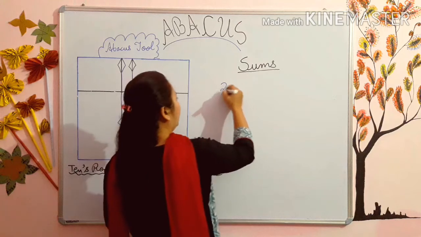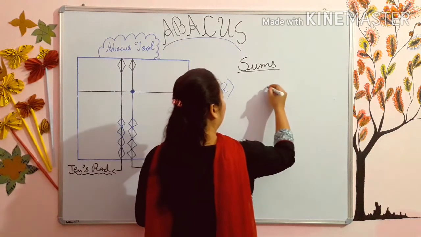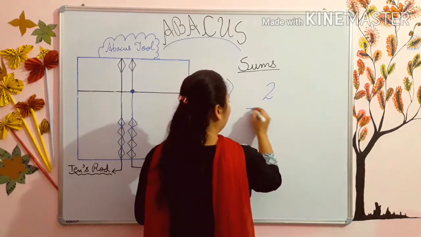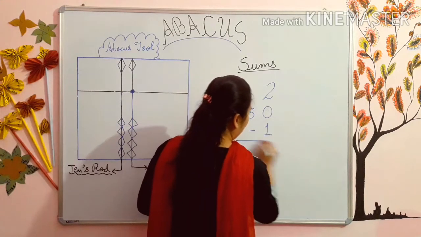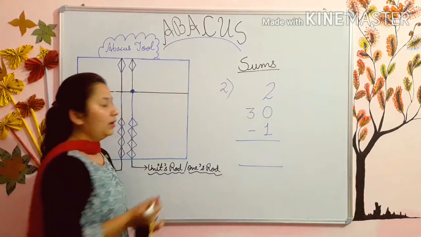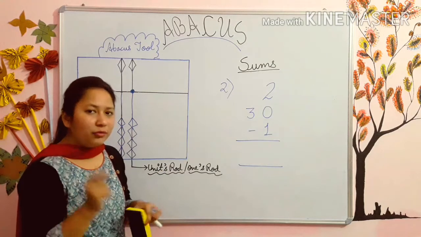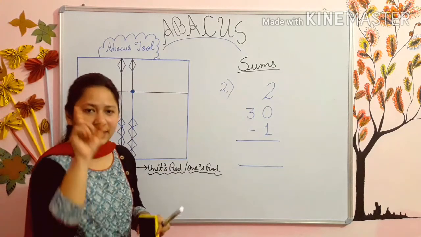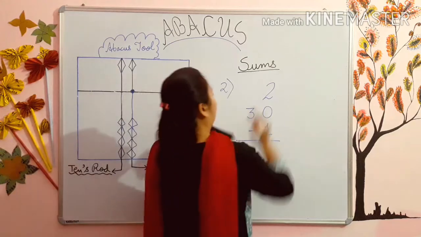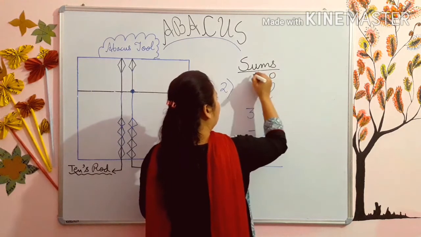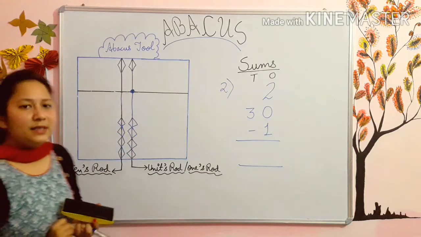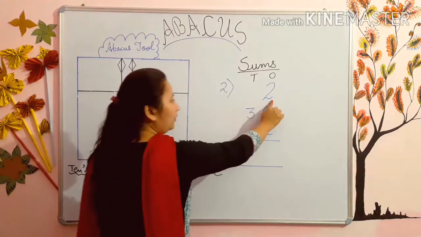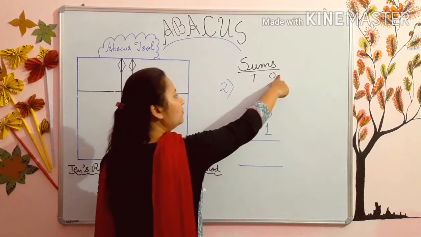Now your second sum. 230 minus 1. Now first of all, what you have to do? You have to make ones and tens. Ones, tens. See now, the first number is 2 and 2 is in ones.